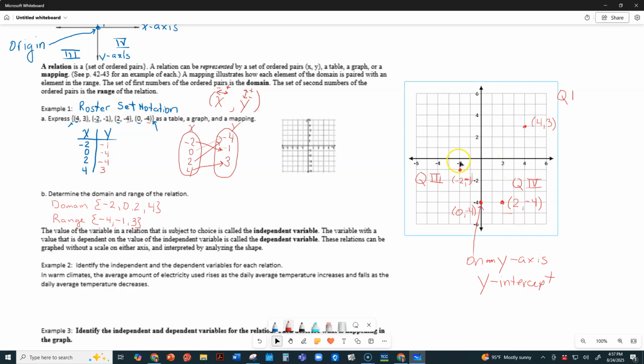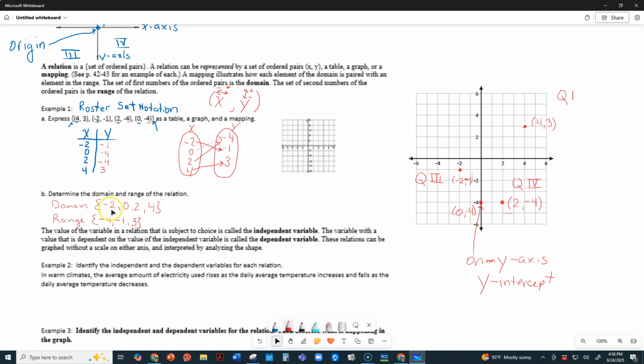Where did we go on the X-axis? We went to -2. Where were we on the X-axis? We were at 0. Where were we on the X-axis when we went down? We were at 2. Where were we on the X-axis when we went up? We were at 4.